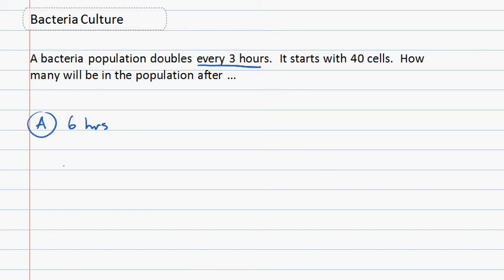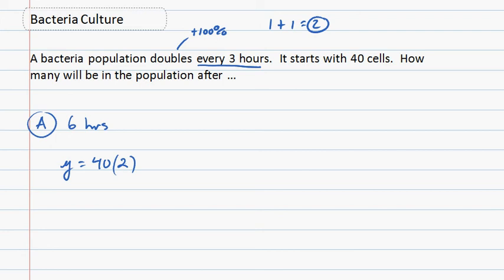Okay, now to set this up, we know we're going to start with 40, but let's think about our B. If a population doubles, another way to say that is it grows 100%. So if you do 1 plus 1, you're going to get a B of 2. Now that makes sense because if you double, you're just going to multiply by 2 every time.